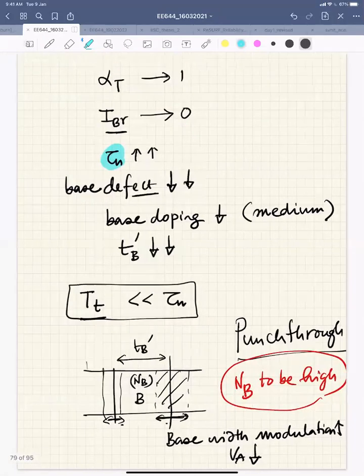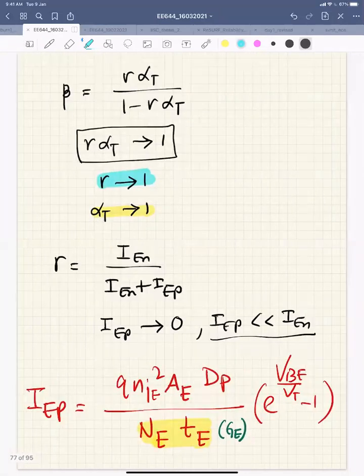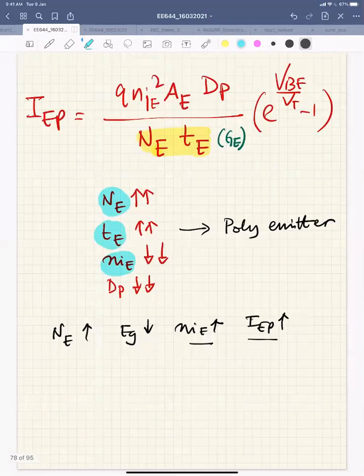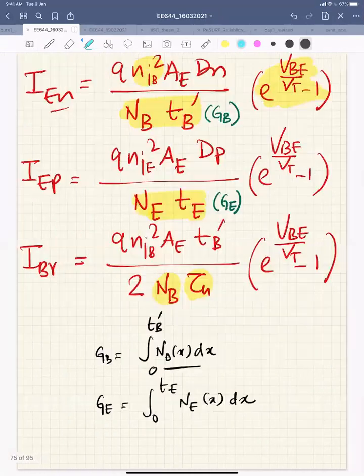If you go back to our equations, IN and IP, we told we want our NIE to be low. If you look at the first two equations, IN and IP, I want my IN to be high and my IP to be low, right?